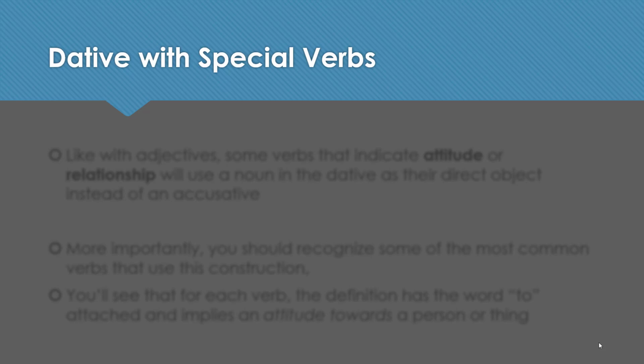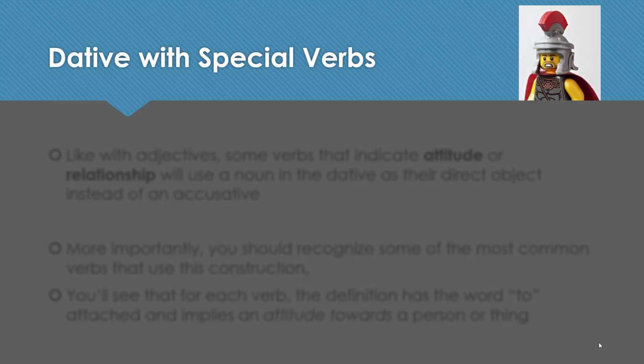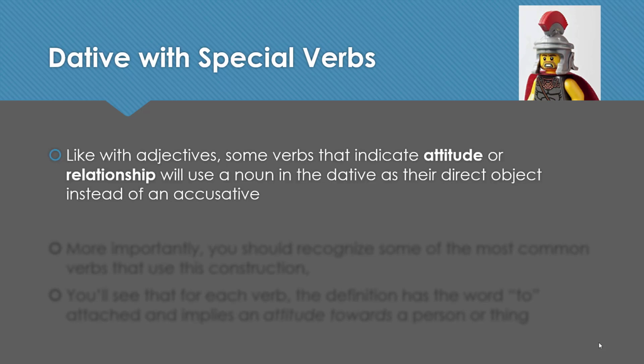The next one is datives with special verbs. And again, it's something where you kind of need to be aware of it. Like with those adjectives, some verbs indicate attitude or a relationship, and they'll use a noun in the dative as their direct object instead of an accusative.